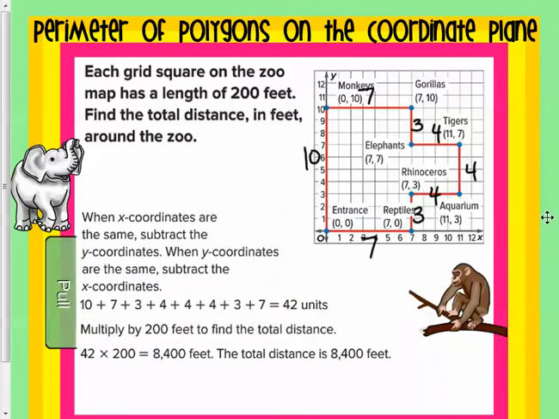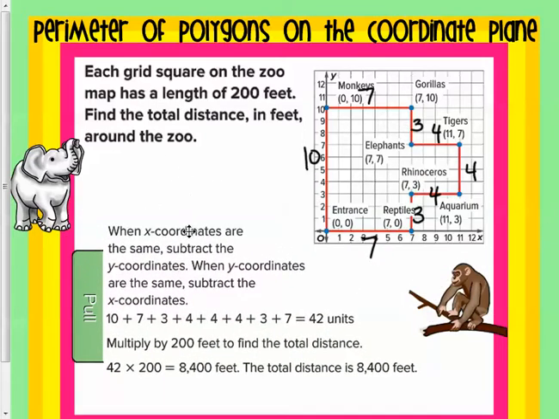Okay, so when the x coordinates are the same, you subtract the y coordinates. When the y coordinates are the same, you subtract the x coordinates. So if I wanted to, I could take 7 minus 0 and get 7. I could take 3 minus 0. I could take 7 away from 11 and get 4.